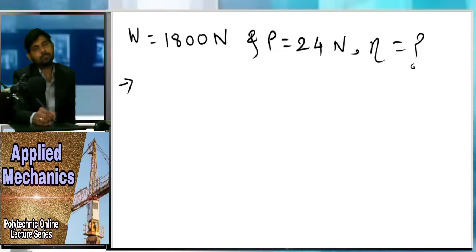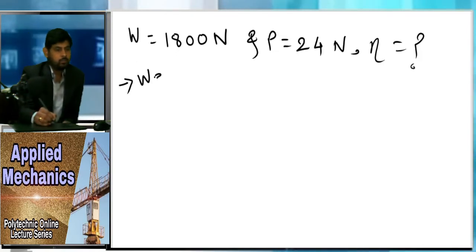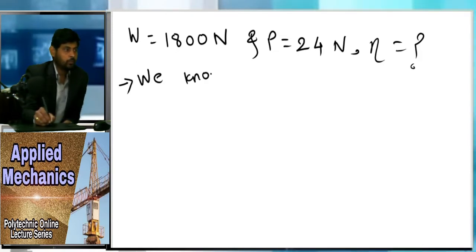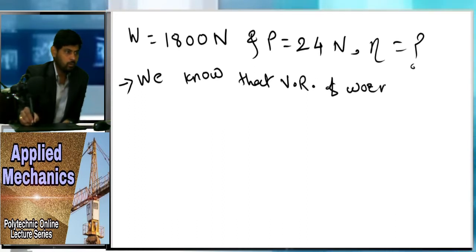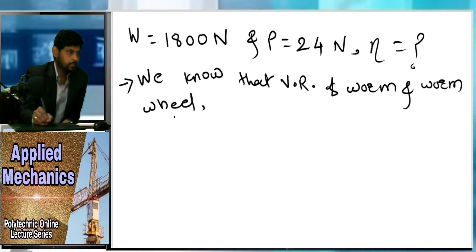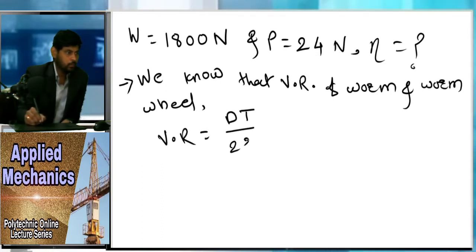So now this formula is based on the worm and worm wheel. Here we know that the velocity ratio of worm and worm wheel is nothing but VR is equal to capital D T divided by 2R.